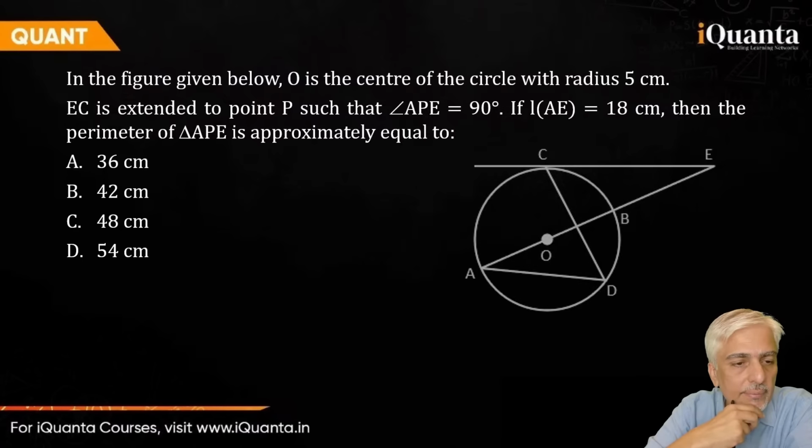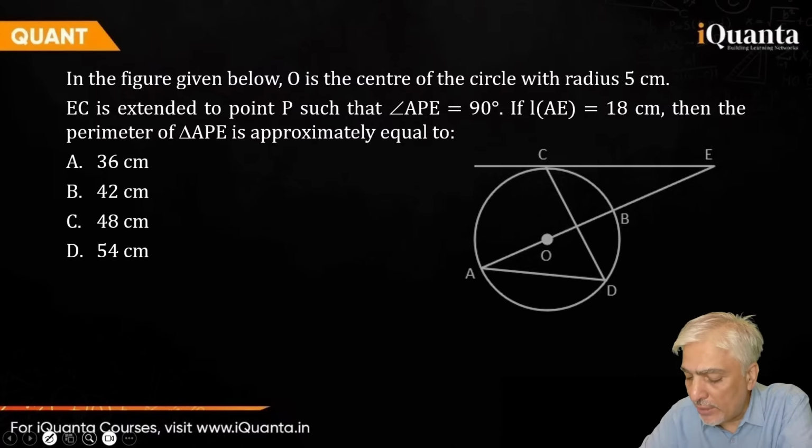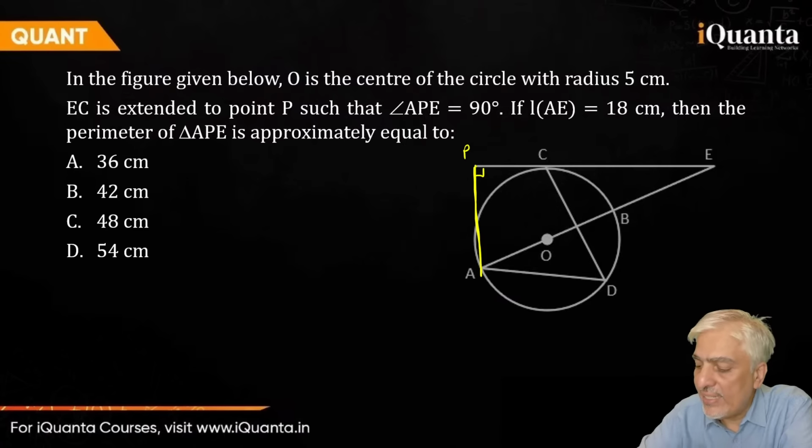D or P? Angle APE, you said it is 90, so that will be a part of the construction. You'll have to have that, angle APE is given as 90.